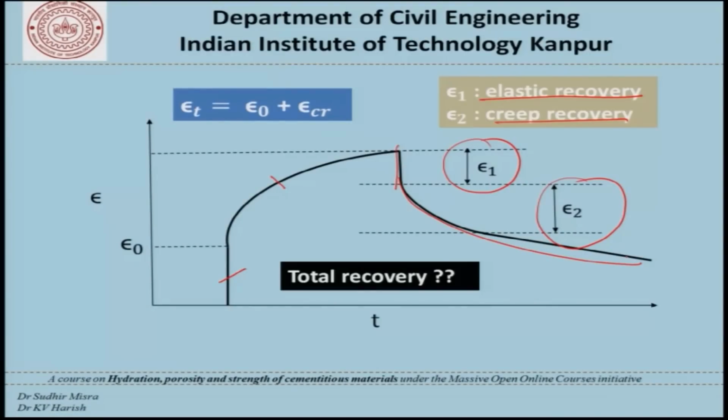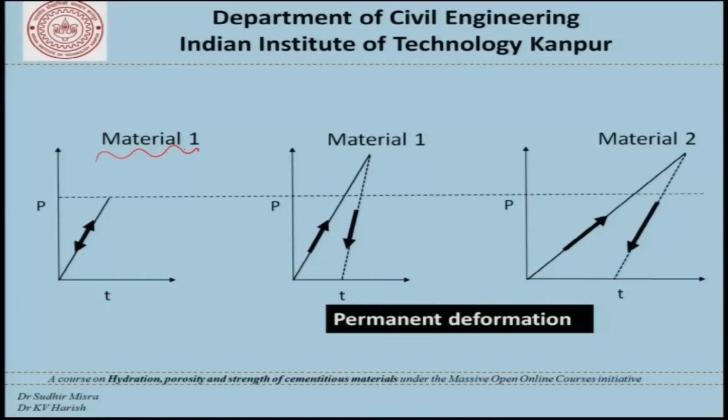Now, whether or not the recovery will be total, that is, whether or not there will be any permanent deformation, would depend on what is the material that we are talking about, what is the load level to which we had taken the material and then are unloading, and so on. So, in the case when the loading level is such that the material is in the linear range and we expect complete recovery, this is what we get here.